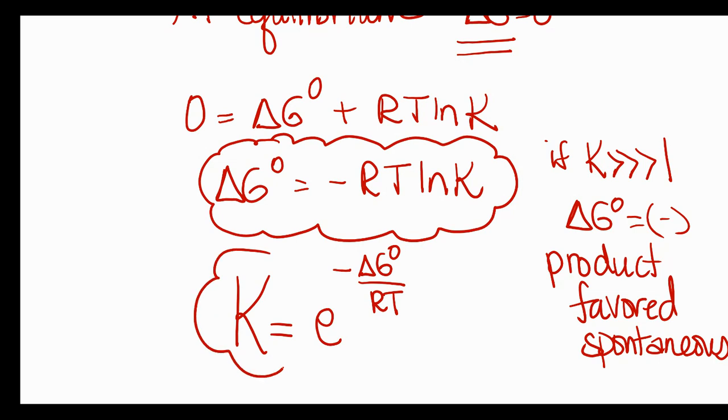So these are two really important equations. Now, what I want you to think about is that what this means is we can find K equilibrium if we know delta G naught. And we can find delta G naught using the thermodynamic values. But it should all come together that product favored reactions with very large K equilibriums will have delta G's that are negative, meaning they're spontaneous, they're product favored.